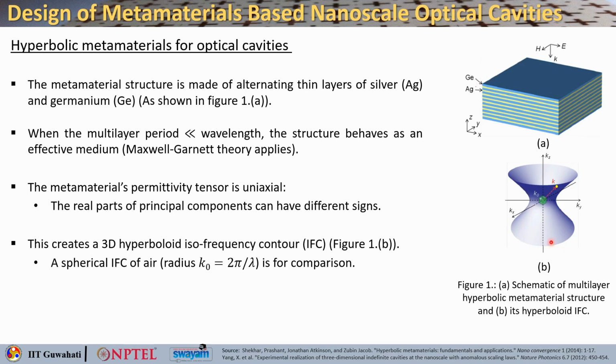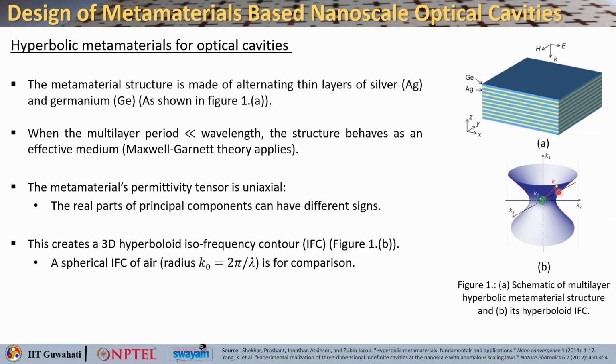For comparison, you can also see there is a small spherical isofrequency contour shown here for air, where the radius in the k space is k naught, that is 2 pi by lambda. You can see this isofrequency contour of this multilayer metamaterial, which is basically taken from this dispersion relation, shown as this blue surface, right.